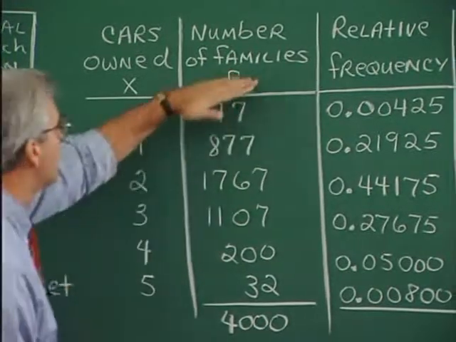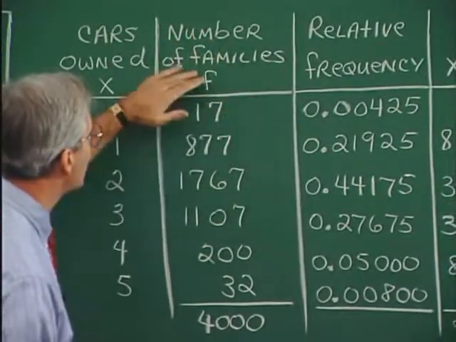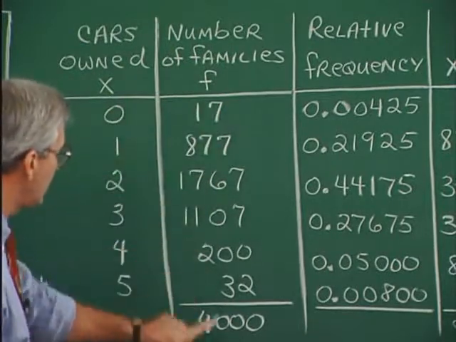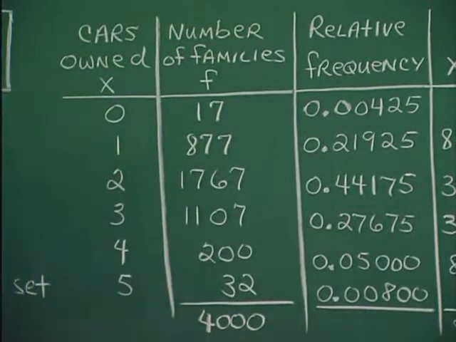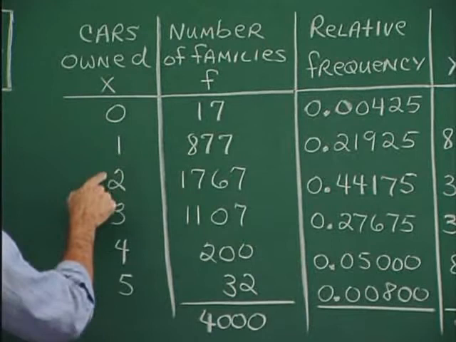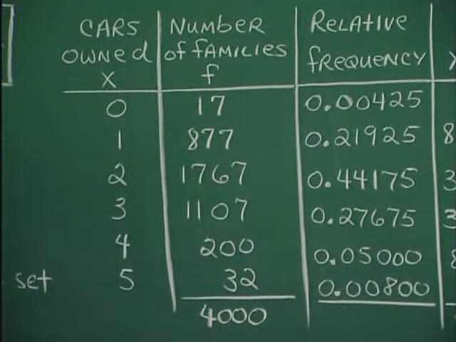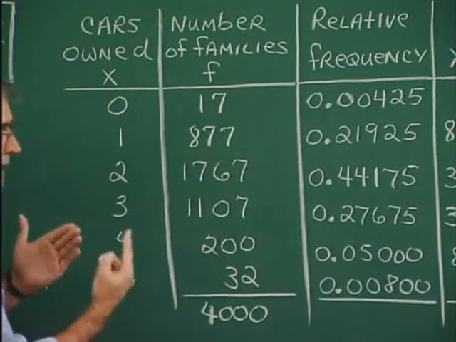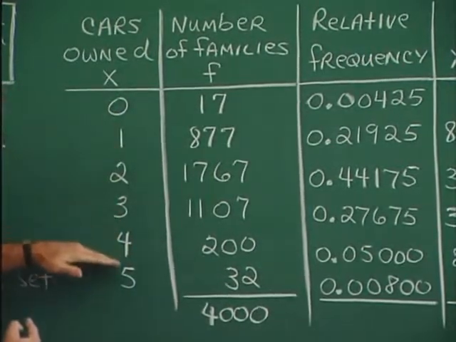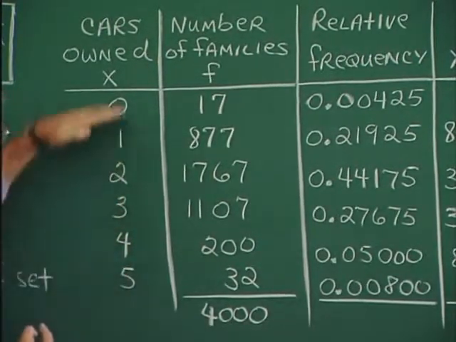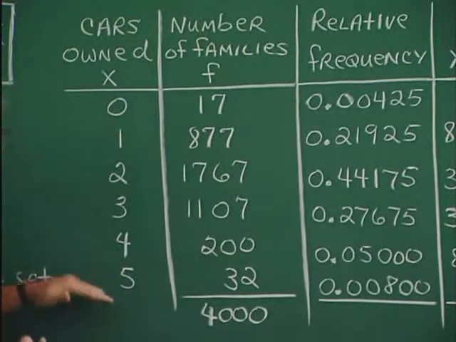And we found that the number of families in the city, because we're adding the frequency column, is 4,000. Now these values of X are discrete random variables. Now the discrete idea is that there are a countable number of them. There are 6 items in the X column, discrete.